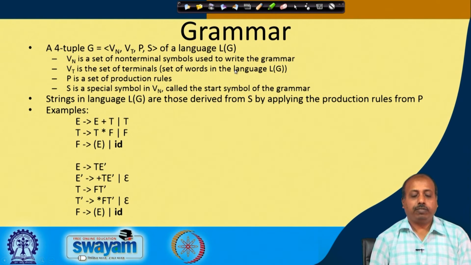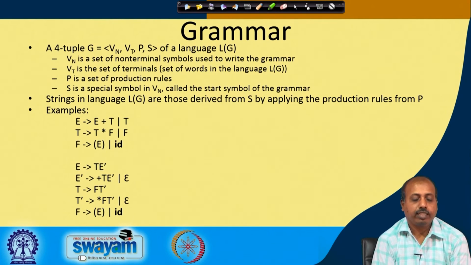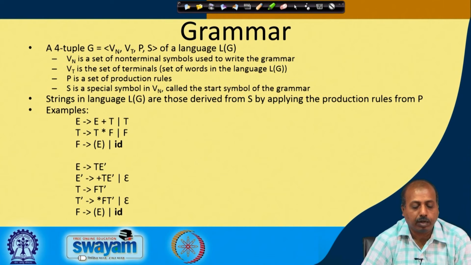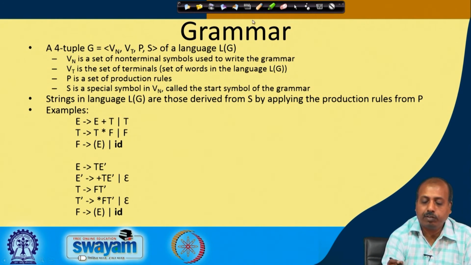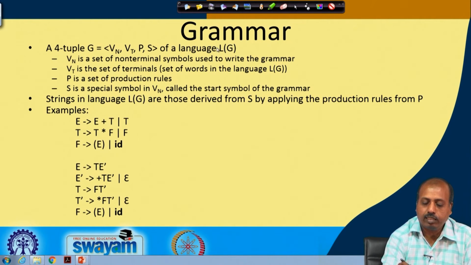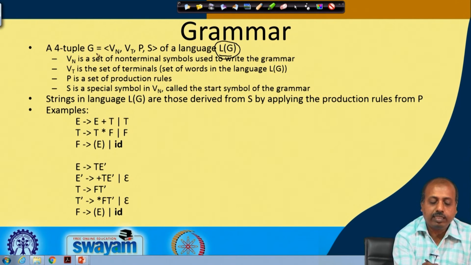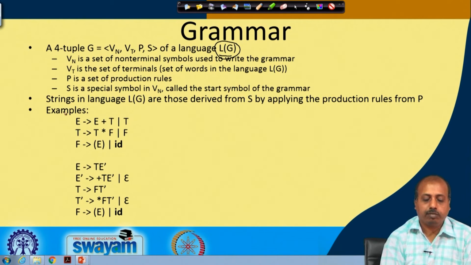To start with, we define a grammar. A grammar is a 4-tuple G consisting of 4 parts: Vn, Vt, P and S. For a language L, if the grammar is G, then the language for it is denoted by L(G), the language corresponding to the grammar G. Vn is a set of non-terminal symbols used to write the grammar.